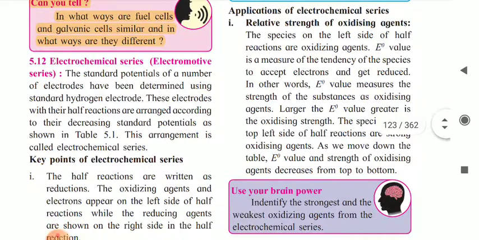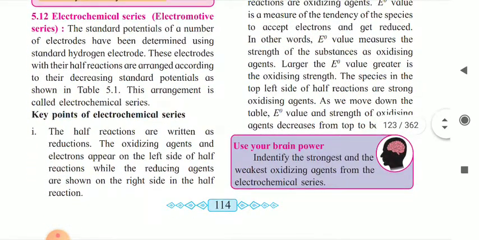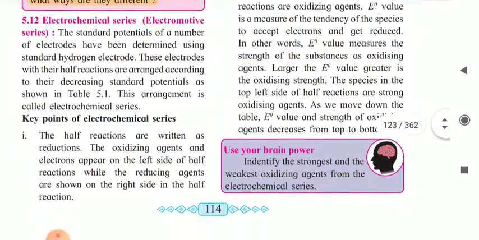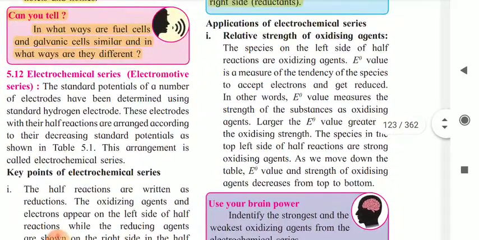Now students, the electrochemical series, this is a very important part. For better understanding, just go on following the key points of the electrochemical series and you will get the important information. Now students, applications of the electrochemical series.